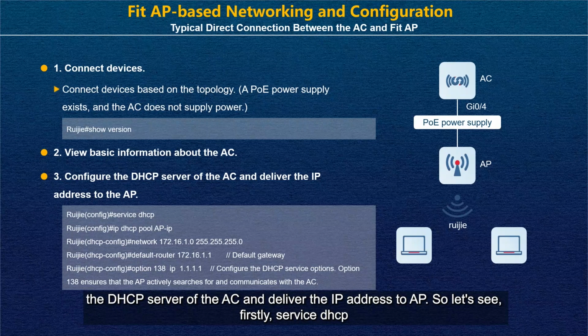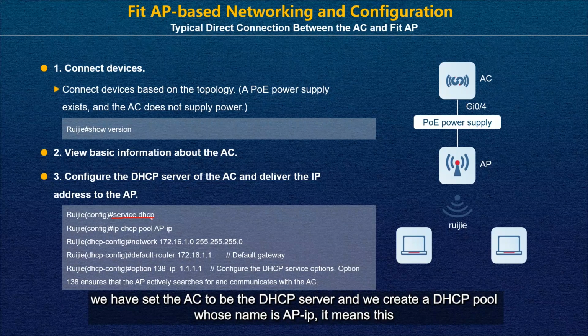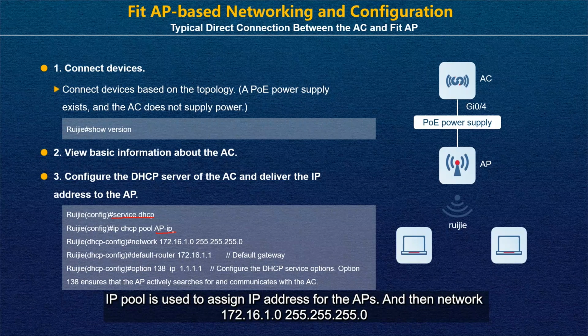So let's see. First, service dhcp. We have set the AC to be the DHCP server, and we create a DHCP pool whose name is AP. IP means this IP pool is used to assign IP addresses for the APs, right? And then network 172.16.1.0, 255.255.255.0.